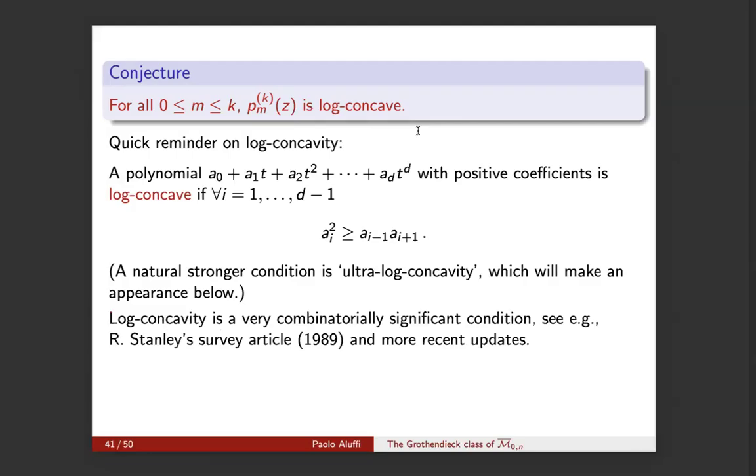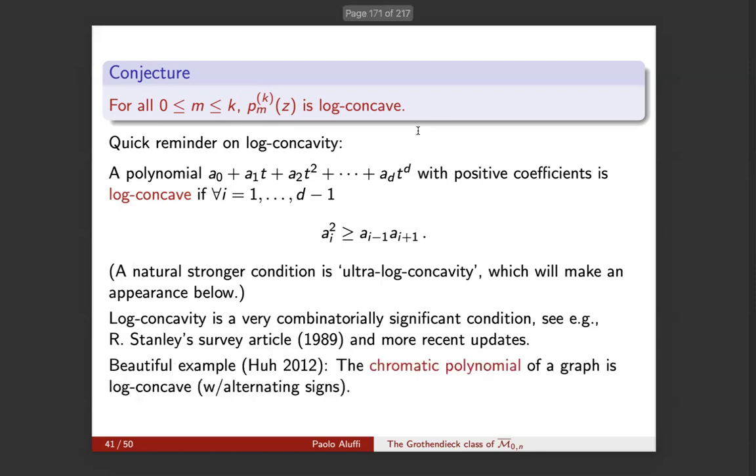There are hundreds of pages of reviews of appearances of log concavity in many combinatorially significant situations. There's a beautiful review article by Stanley I can certainly highly recommend, and there are more recent updates to that survey article. One beautiful example is the first theorem that June Huh proved as a graduate student.